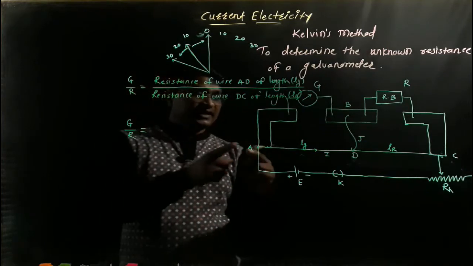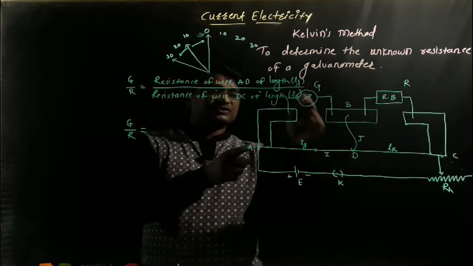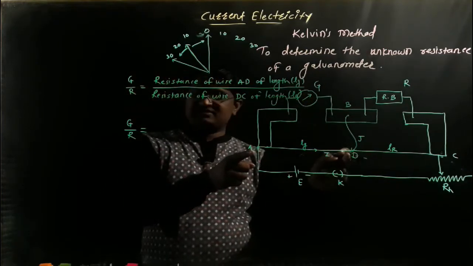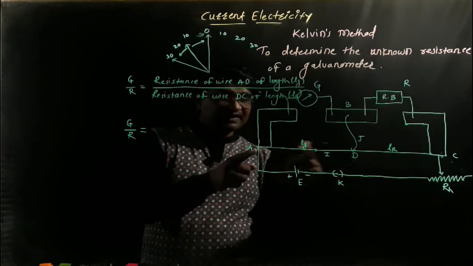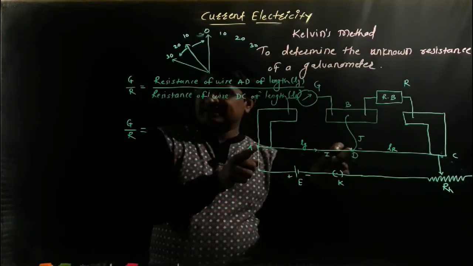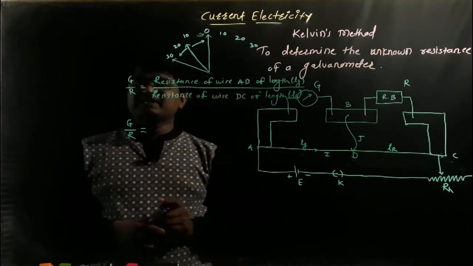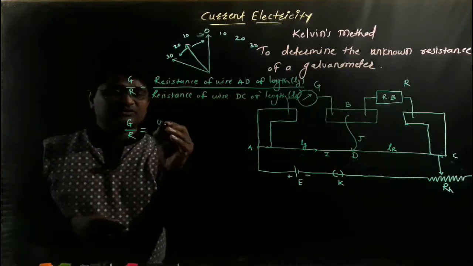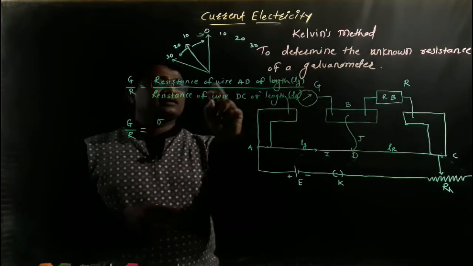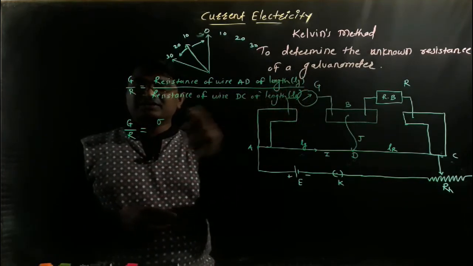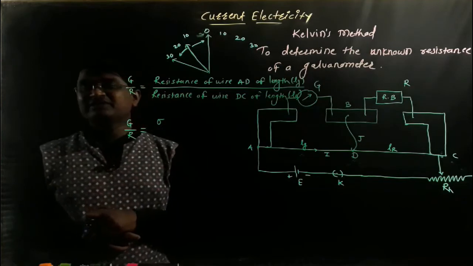So G upon R is equal to the resistance of wire AD of length LG. AD is the wire, and we find resistance according to its length, that is, resistance per unit length. The resistance per unit length of the wire is denoted by sigma.